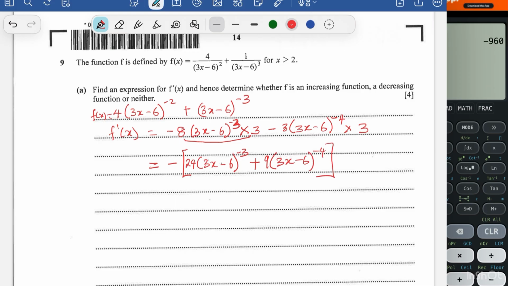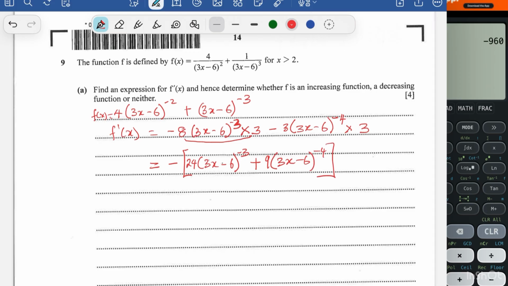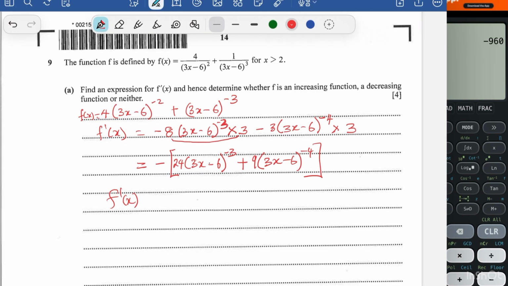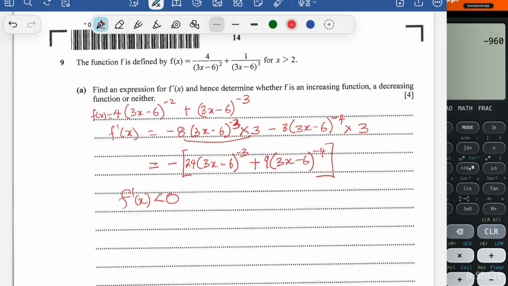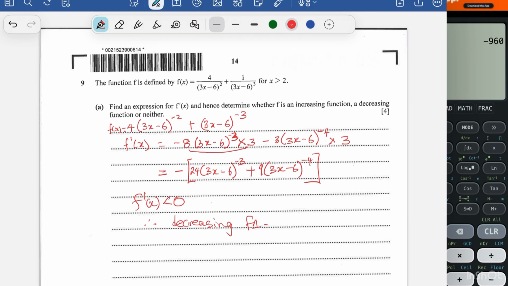So you see that this is a negative number. So f prime of x is less than 0 because it's a negative number. So therefore it is a decreasing function. Okay, so that is my answer. That was a very straightforward question.